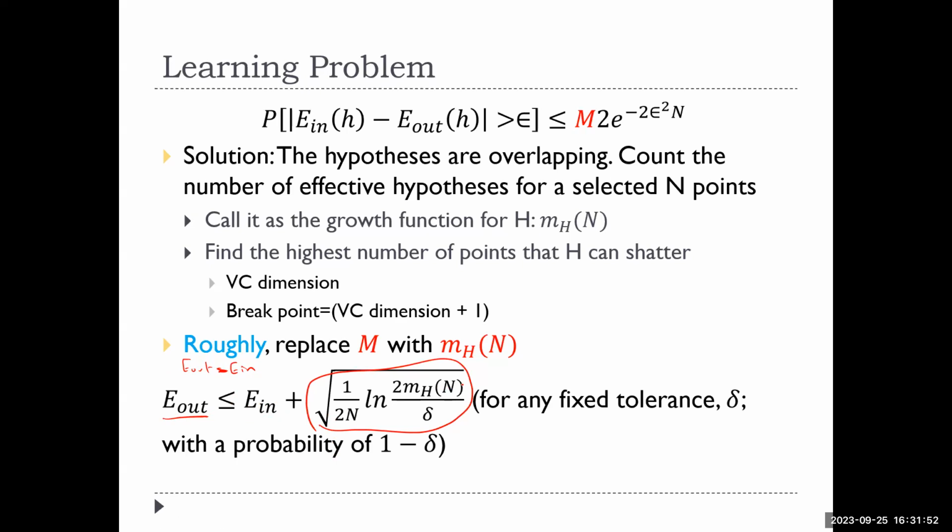If we look at this, there's 2 times m_H(N). And then my probability is 1 minus delta, so delta is only the failure probability. This expression could be limited with a probability of 1 minus delta. I don't know what m_H(N) is.